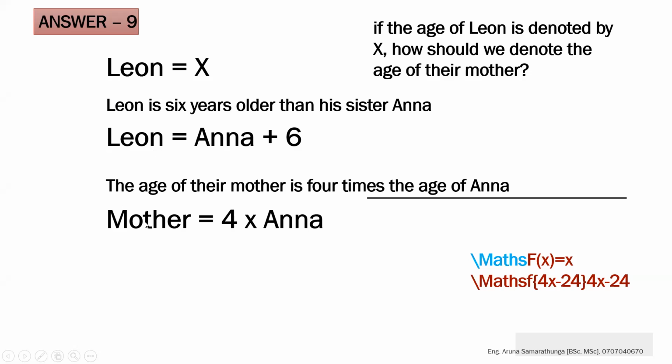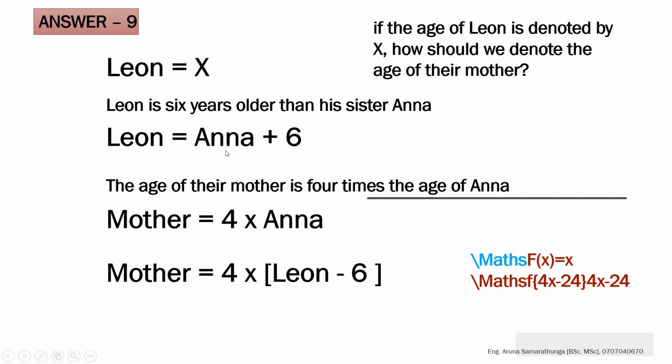So mother's age is 4 times the age of Anna. Now, what is the question? Now you have to remove this Anna. If I subtract 6 from Leon's age, this 6 goes to this side, so you can get Anna's age.